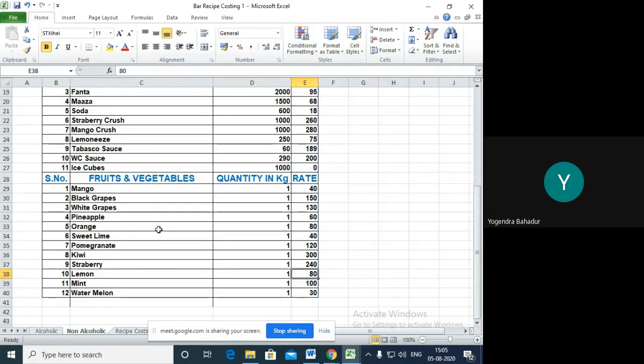We require fruits and vegetables for making different types of cocktails and mocktails, where we would need fresh fruits. Along with that, we would need them for garnish as well.